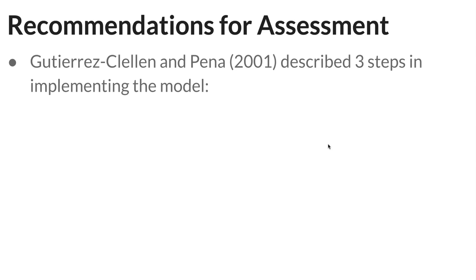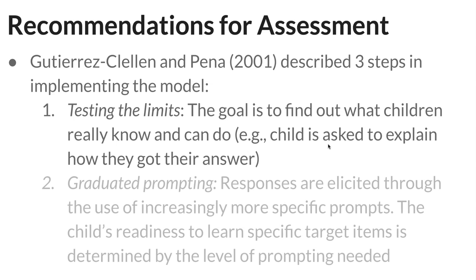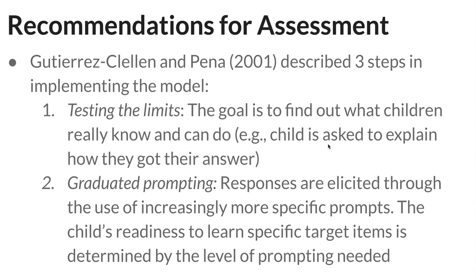So we've got 3 major steps in implementing the model. Number 1, testing the limits. The goal is to find out what children really know and can do. So what do they know right now? Are they able to explain what they know right now? Graduated prompting. Responses are elicited through the use of increasingly more specific prompts.